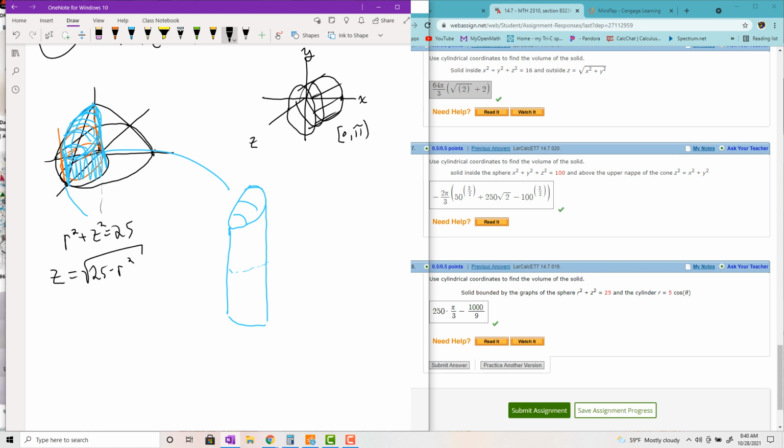So the region I'm integrating over is r equals cosine theta. So this region here is what I'm integrating over.